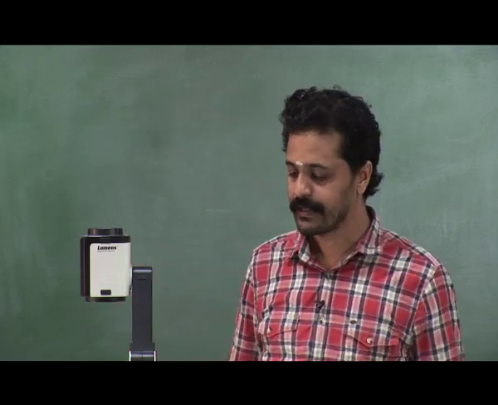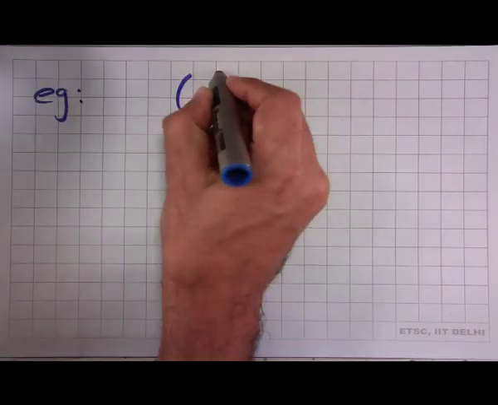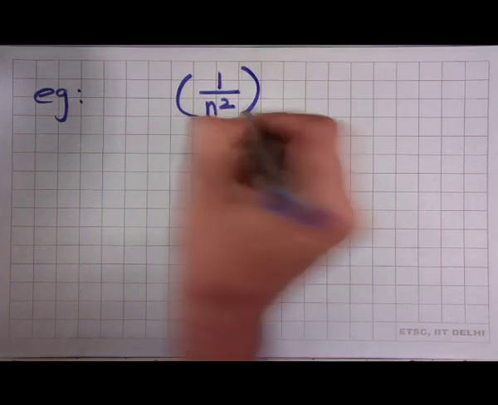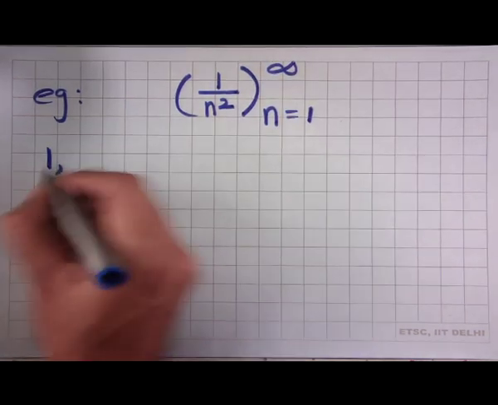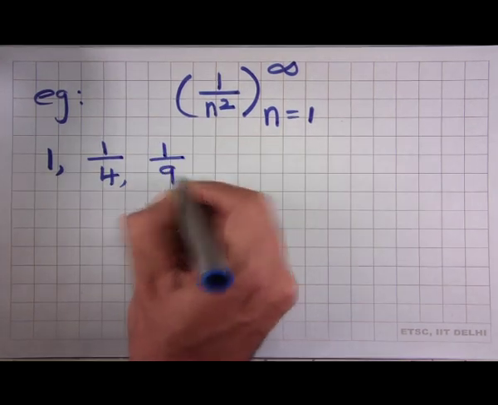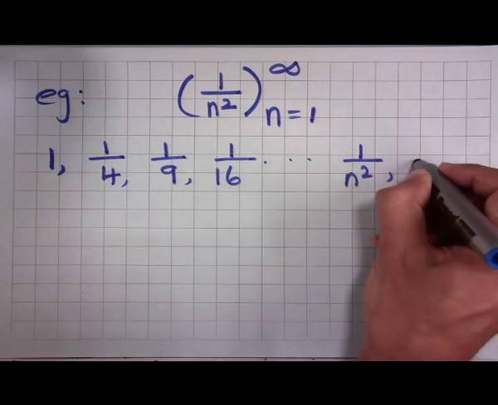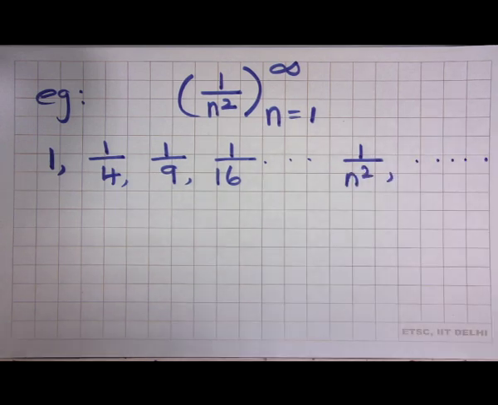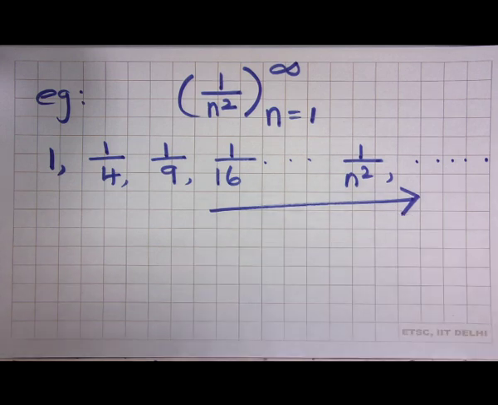For instance, we have seen that in the sequence 1 by n square, n is equal to 1 to infinity, to be explicit, 1, 1 by 4, 1 by 9, 1 by 16, etc., 1 by n square, etc., we can see that as we progress towards the tail end of the sequence, the terms are becoming close to 0.